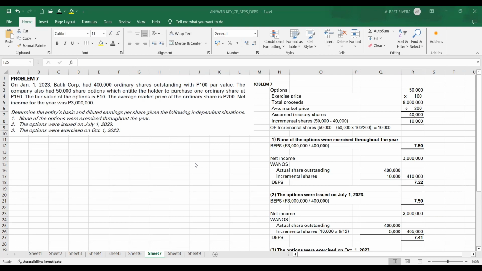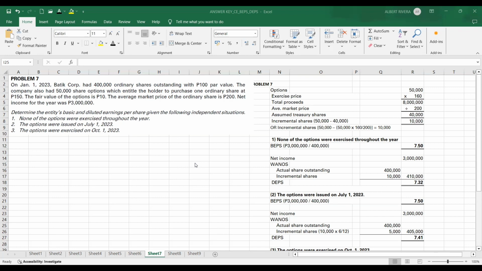Okay? So it says here that on January 1, 2023, the company had 400,000 ordinary shares outstanding with 100 par. The company also had 50,000 share options, which entitled the holder to purchase one share at 150. Okay?